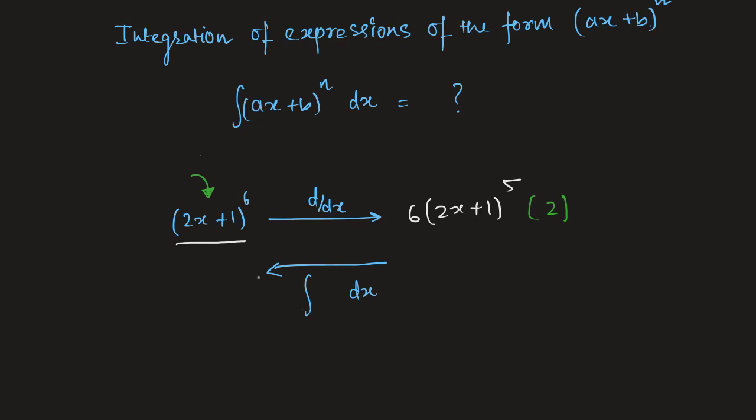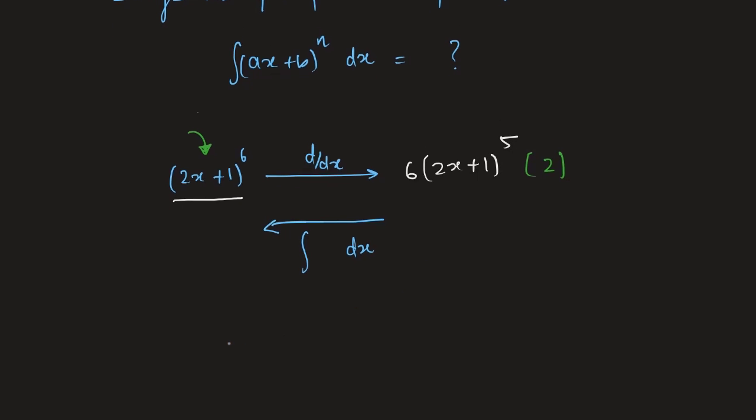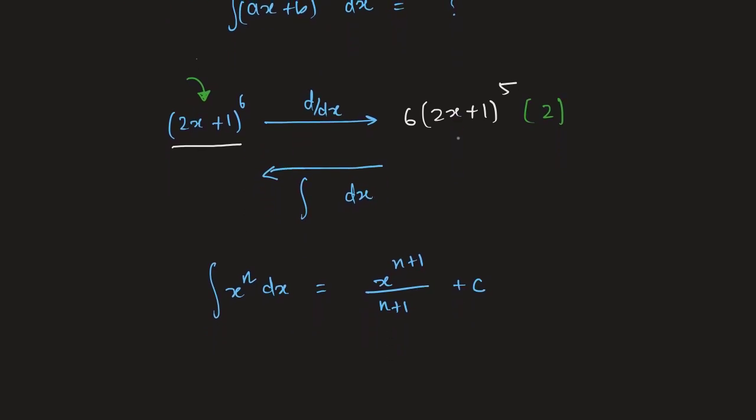In integration we also know this concept: if we have x to the power n and integrate it with respect to x, the value is x to the power n plus 1, whole divided by n plus 1, plus c. Let's apply this logic here and integrate this whole expression.